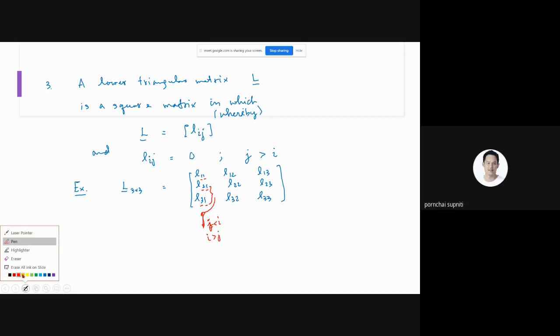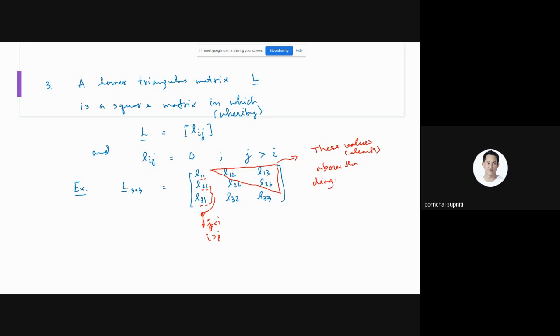L12, L13, and L23. Yes. So these values, these elements above the diagonal line, from the definition are all equal to 0.